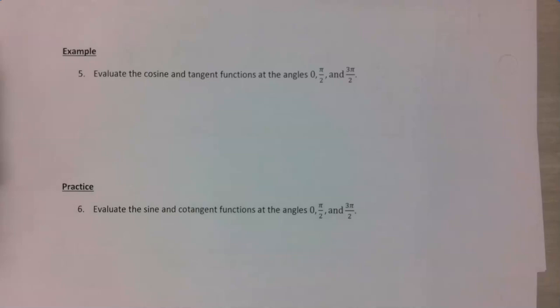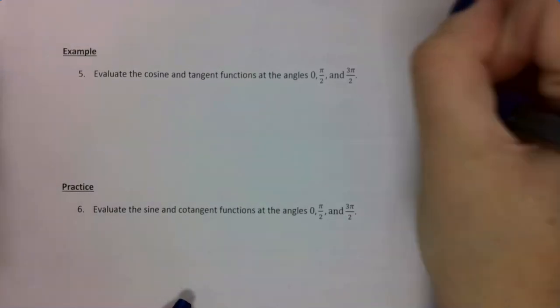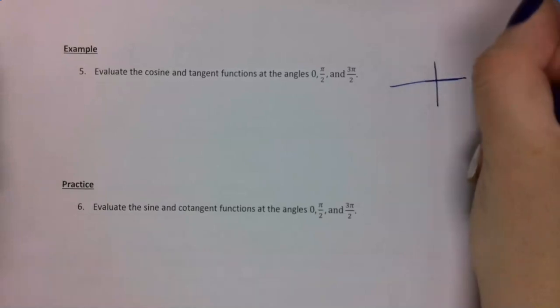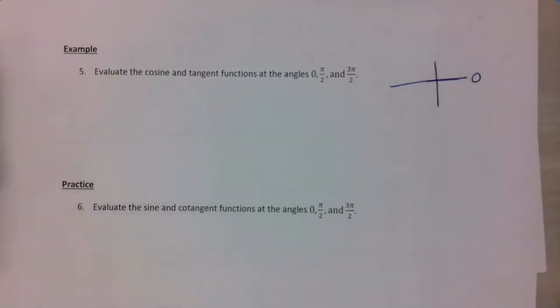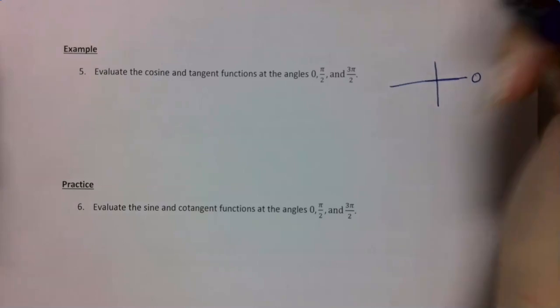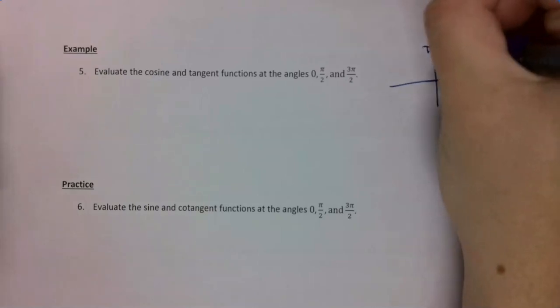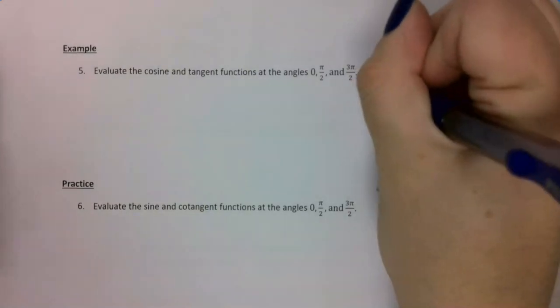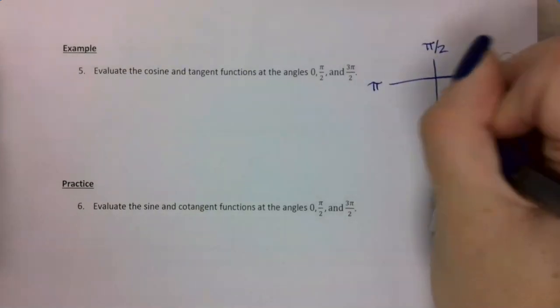Okay, so last one. It wants me to evaluate the cosine and tangent functions at the angles 0, pi halves, and 3 pi halves. So let me draw this out. Remember, we always start at 0 right here. Pi halves is how much I count by in a circle for radians. So then this would be pi, and this would be 3 pi halves.